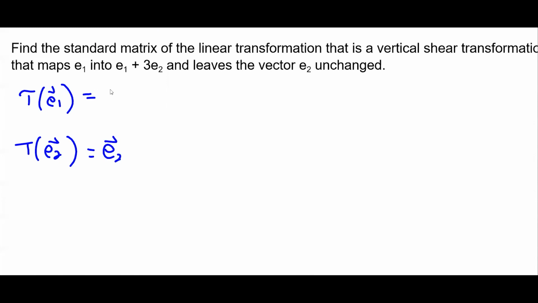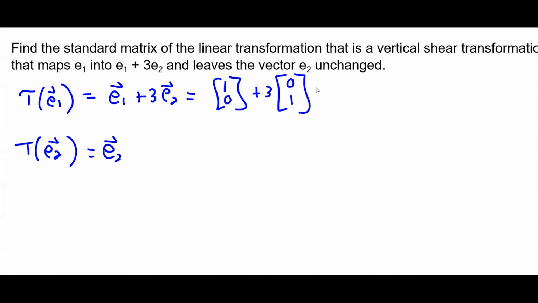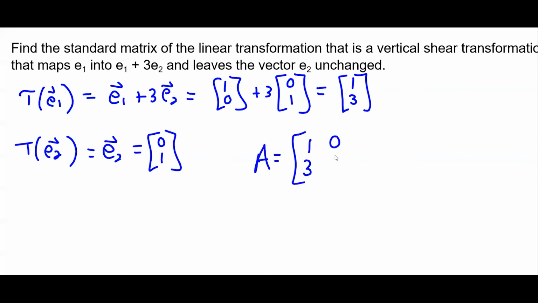And for E1, it's going to be E1 plus 3E2. So E1 is 1, 0. E2 is 0, 1. So if I add these together, I get 1 and 3. And E2 is just 0, 1. So A would be 1, 3, 0, 1. And that matrix should do this vertical shear transformation.